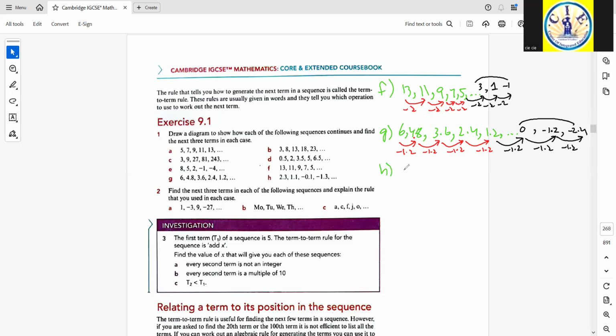Now it's part H. 2.3, 1.1, negative 0.1, negative 1.3, and so on. Okay, from this to this, to this, that is again subtracting 1.2.